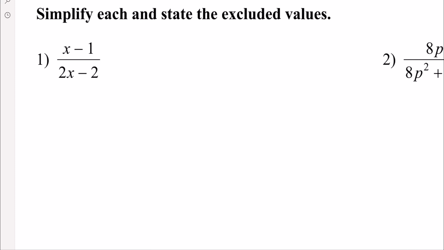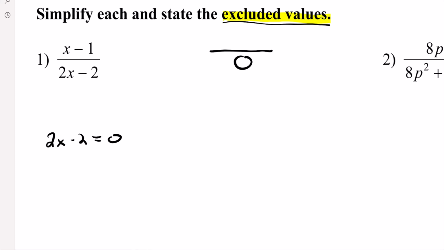Okay, we're going to simplify these rational expressions, then we're going to state the excluded values. So when you're dealing with fractions, the only thing that can't happen is for the denominator to equal 0. So to find the excluded values, you could set the denominator equal to 0.